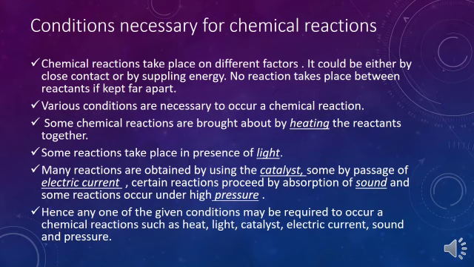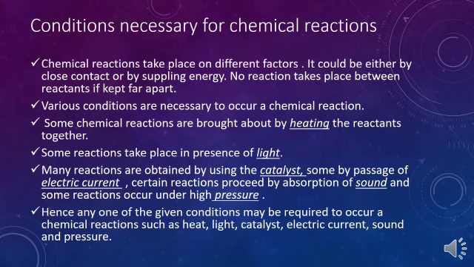Many reactions are obtained by using a catalyst. Some by passage of electric current. Some reactions proceed by absorption of sound, and some reactions occur under high pressure. So, any one of the given conditions may be required for a chemical reaction to occur. That may be heat, light, catalyst, electric current, sound, and pressure.